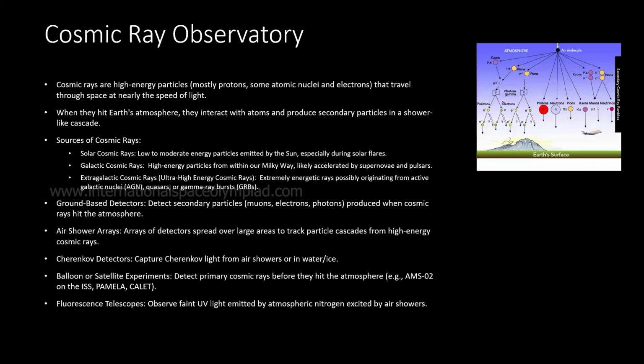But luckily we have something called the atmosphere. The atmosphere reacts with these particles and makes some harmless secondary particles. These high energy particles become low energy by interacting with the atmosphere, and finally we receive low energy particles on the Earth's surface. So we are safe here.